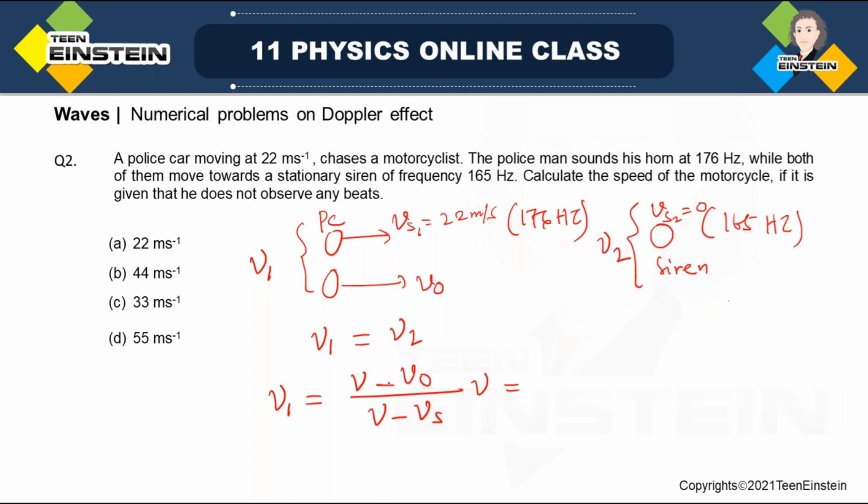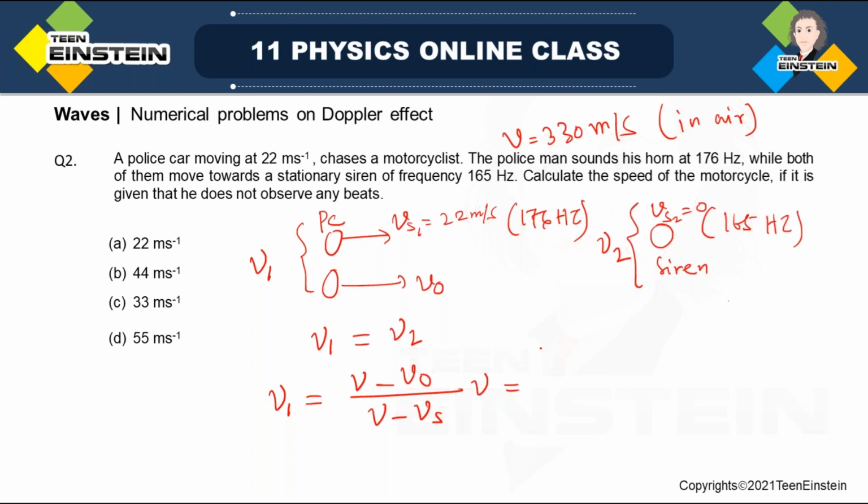All right. So in this case, look, the speed of sound is not given. We will be taking V as 330 meter per second, that is the speed of sound in air.